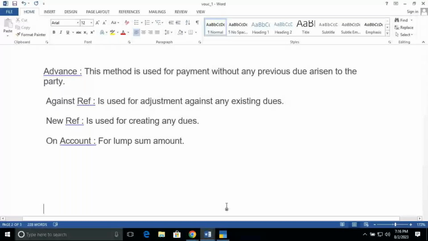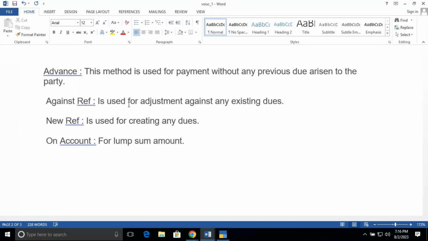Let us say Alpha Traders has given us a 30 days credit period. You will make a payment after 30 days. At that point, you have to select against reference. That means you are trying to adjust for an already existing bill, an existing due.